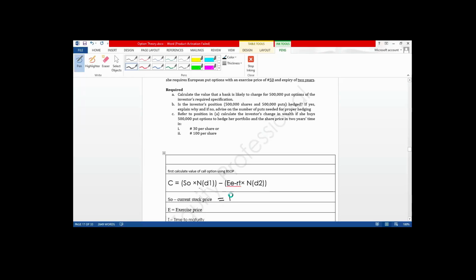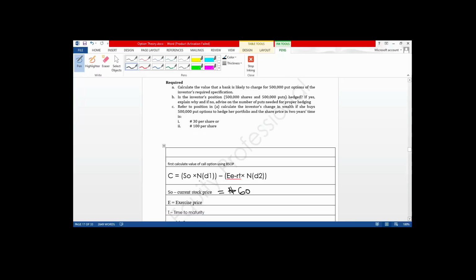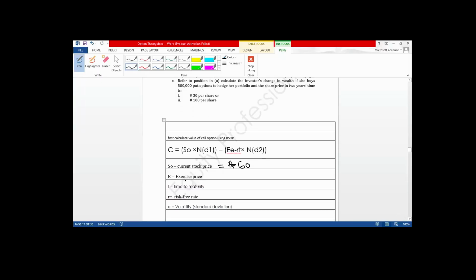The stock price currently is 60 naira. Capital letter E, exercise price. The exercise price is 50 naira. Time to maturity. The maturity is 2 years.